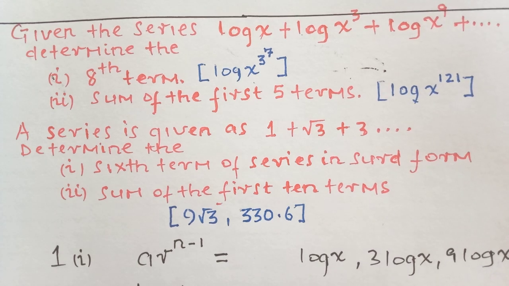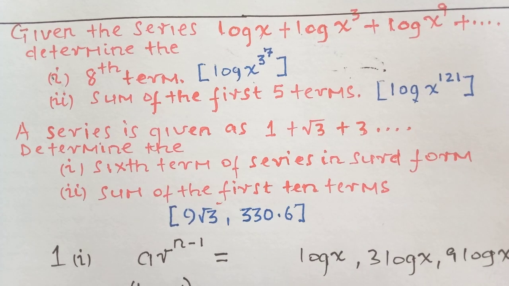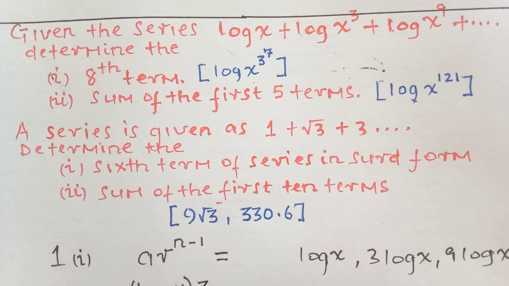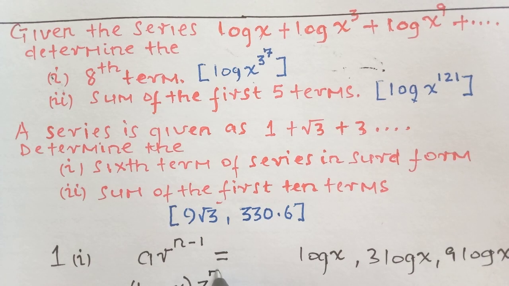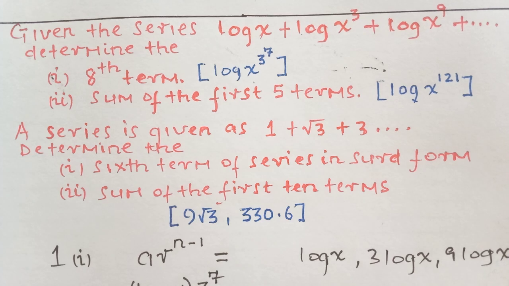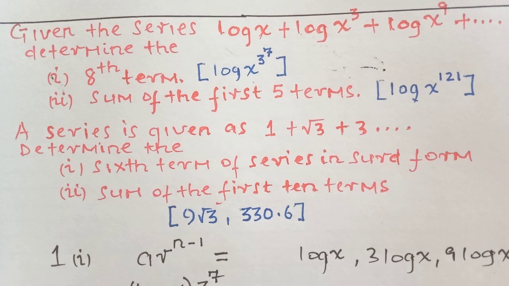Now this is log x, then we multiply by 3, and we are talking of 8 terms, so the power is going to be 7. So guys, our 8th term is going to be 3 raised to 7 multiplied by log x.